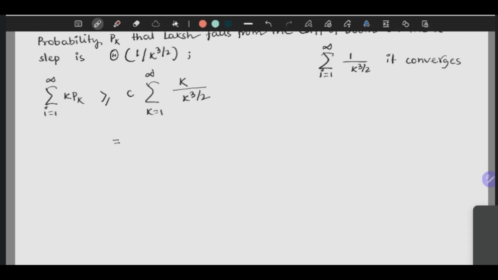That makes it c times the sum from k equal to 1 to infinity of 1 by root k, and that makes it infinity.